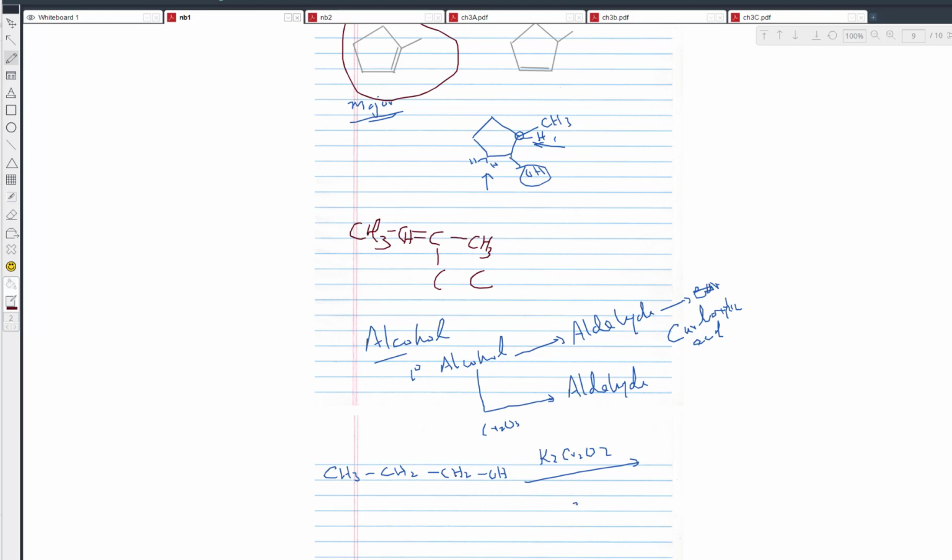Aldehyde means CH3CH2, and this one is going to become double bond O and H. Two hydrogens are removed. One hydrogen gone from here, one hydrogen from here, and a double bond comes between oxygen. Okay, like this. So what you are getting is propanal, instead of propanol.